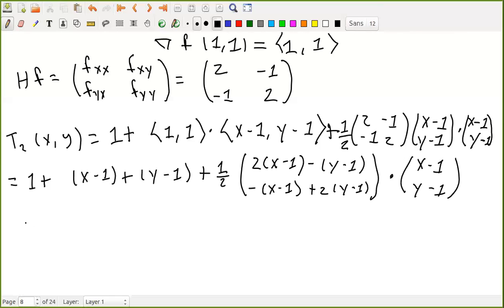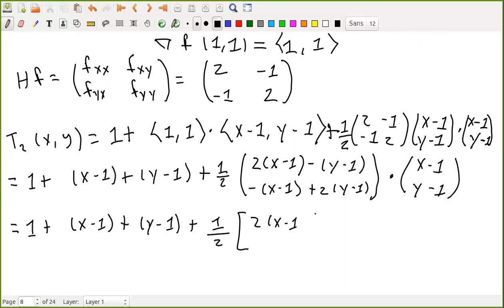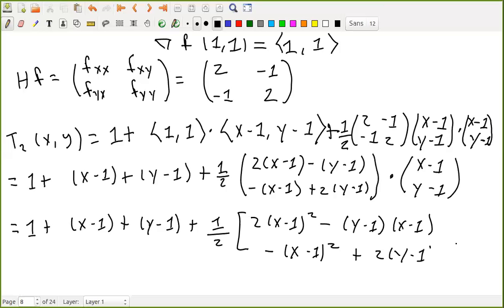Finally, this is 1 plus (x minus 1) plus (y minus 1) plus 1/2 times, the dot product of these two vectors, so 2 times (x minus 1) squared, minus (y minus 1)(x minus 1), minus (x minus 1)(y minus 1), plus 2 times (y minus 1) squared.